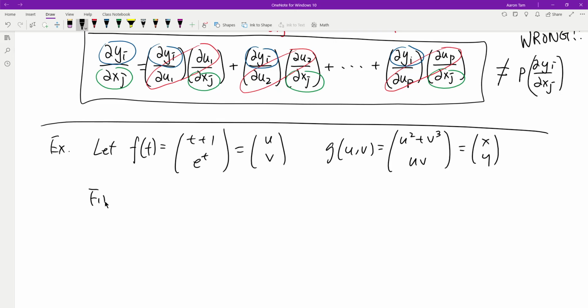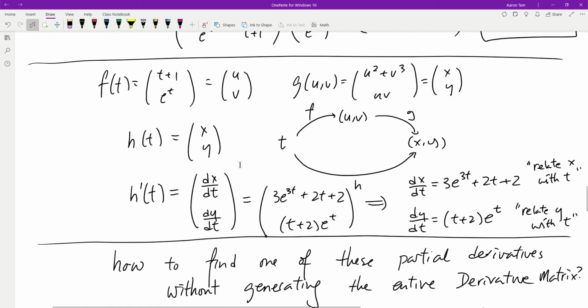We're going to see if you can find dx over dt. So now, of course, we already know the answer to that. Why? Well, because that's what we started today's video with. Right there, dx over dt is equal to 3e to the 3t plus 2t plus 2.